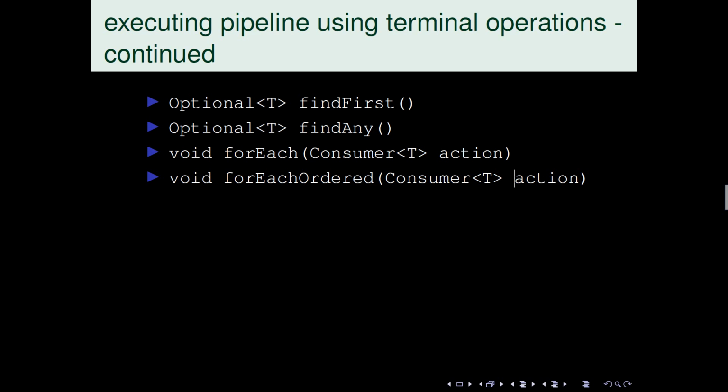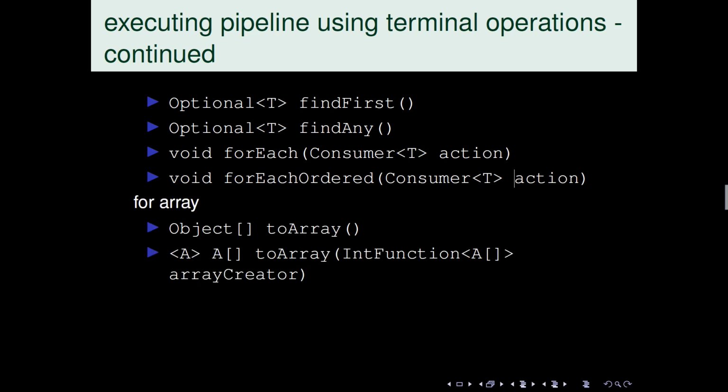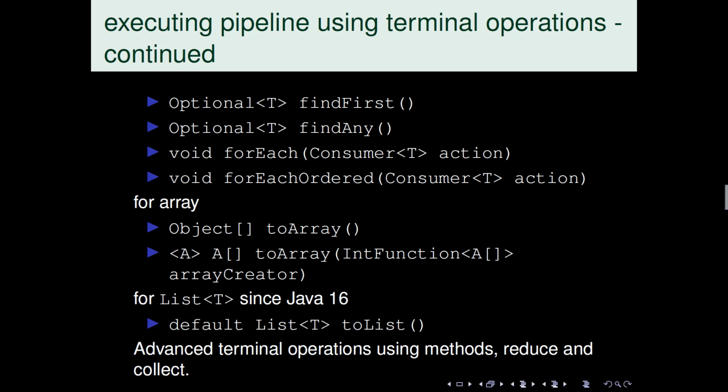Again, forEach and a consumer: process all the elements, and here is the action to be taken on each and every element. forEachOrdered is for the sequential one, and forEach is for the unordered one. Convert them into an array. And in Java 16, they have added one more method called toList. All the elements can be taken out in the form of a list.